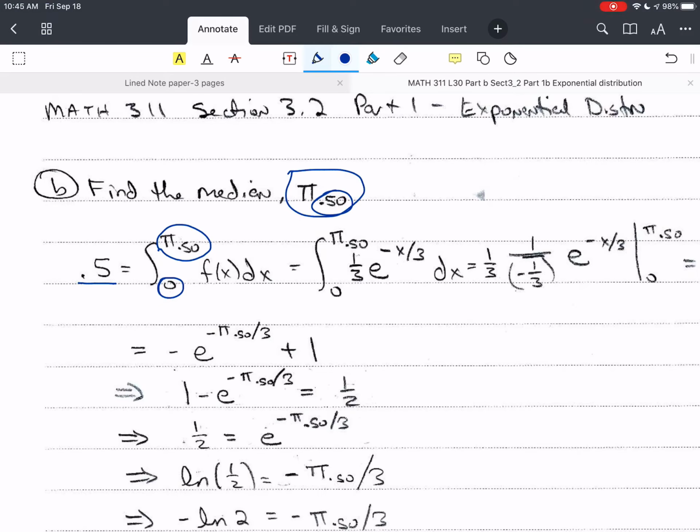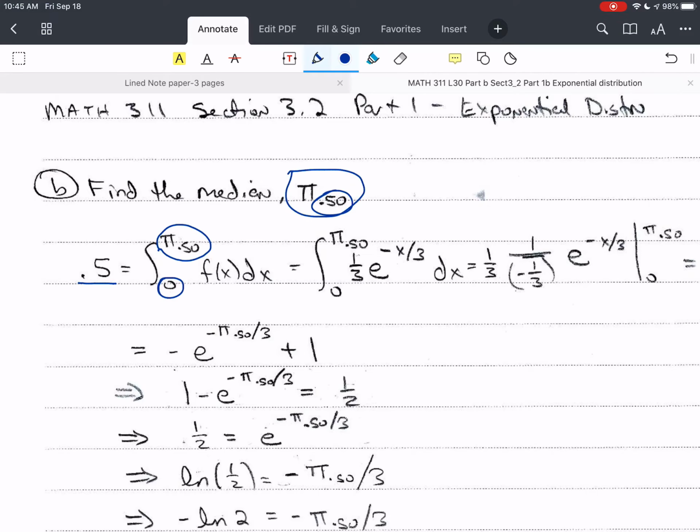Now, the exponential, you've seen the graph, it's a continuous distribution. There's no steps or pieces to it. So we're safe to just integrate. If you have a piecewise or stepwise function, you have to be very careful to look at the graph of that PDF and make sure that you understand about where the median or whatever percentile you're looking for is, because you may have several integrals that you have to work through to get to the answer, and you need to be looking at those pieces of the function.